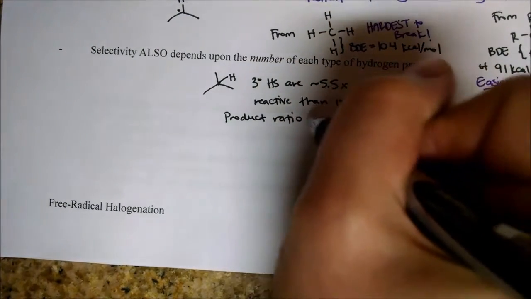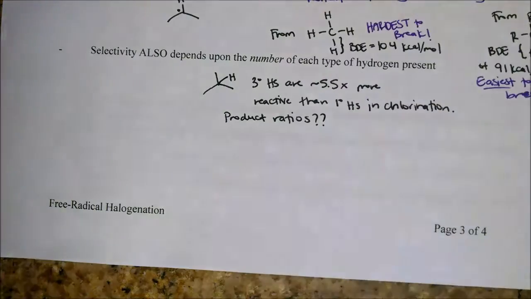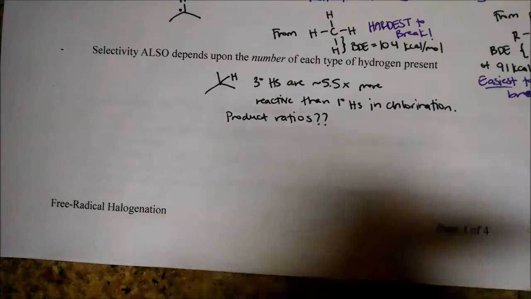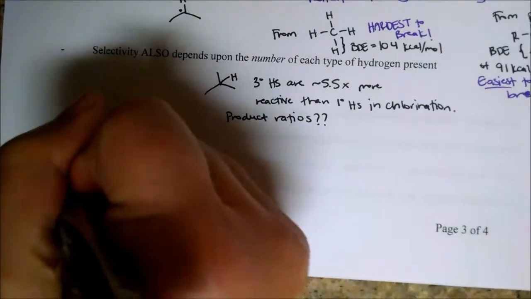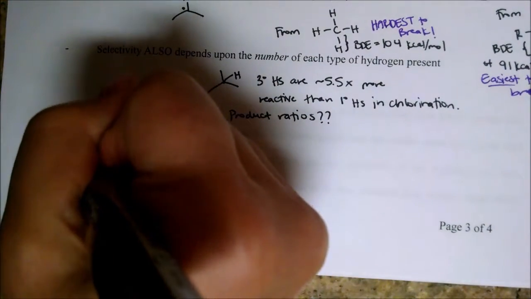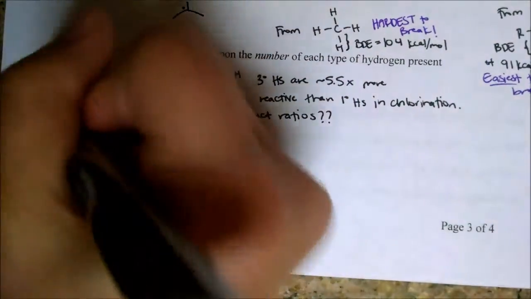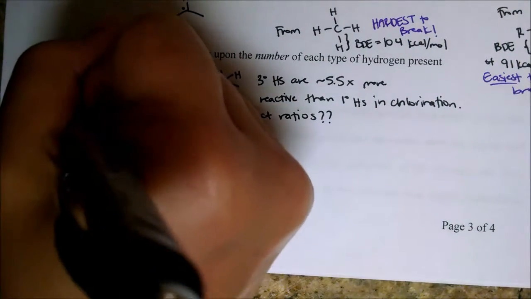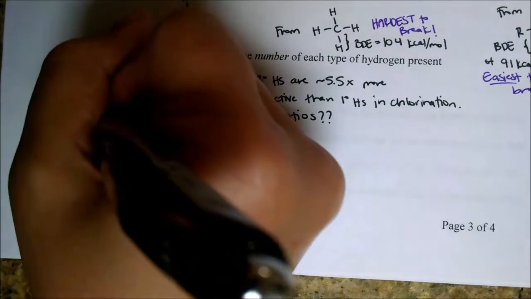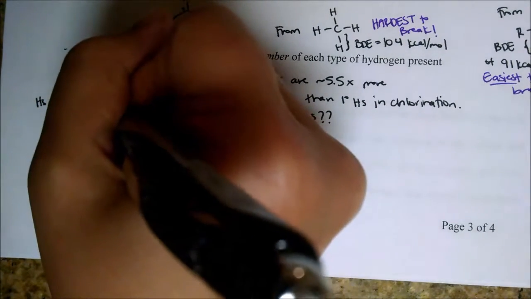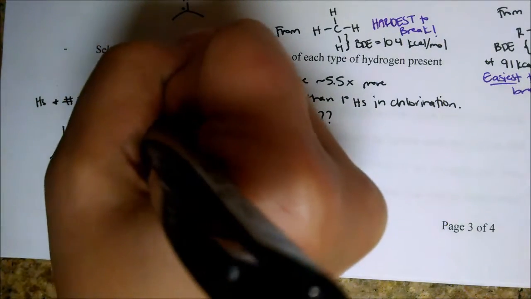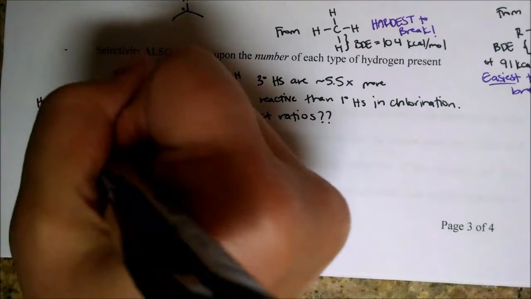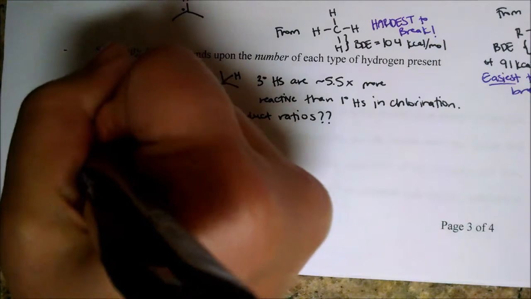Product ratios. Okay. So let's count up the different types of hydrogens and the amount that there are. So this is called isobutane, the starting material. So the H's and their number in isobutane. Right? There's a whole ton of primary hydrogens, right? We have these 3 up here.